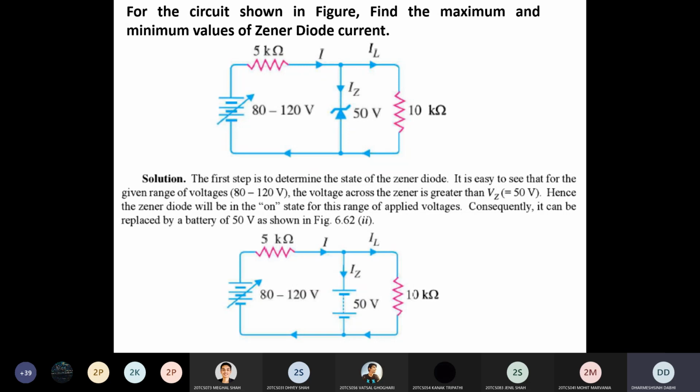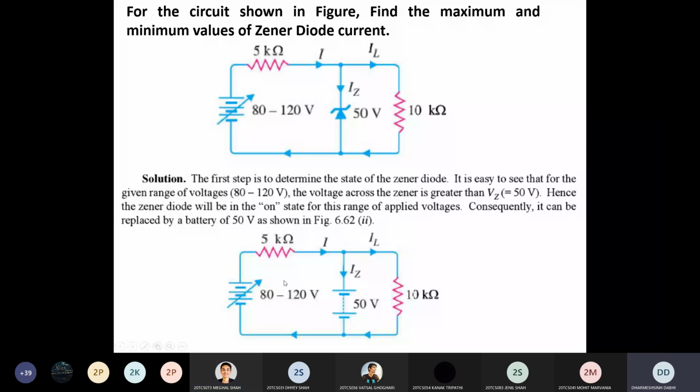Can you calculate this maximum current, IZ? Assume that we supply the maximum voltage, 120. Clear? But across the Zener diode, the voltage remains 50 volt constant.